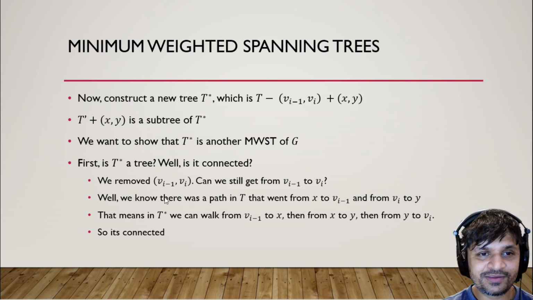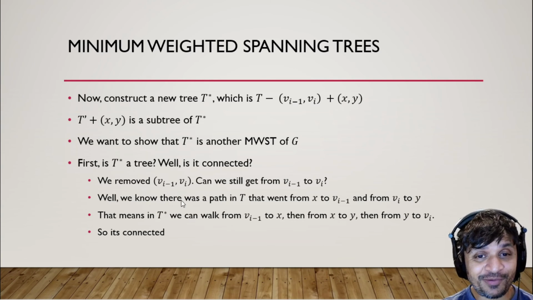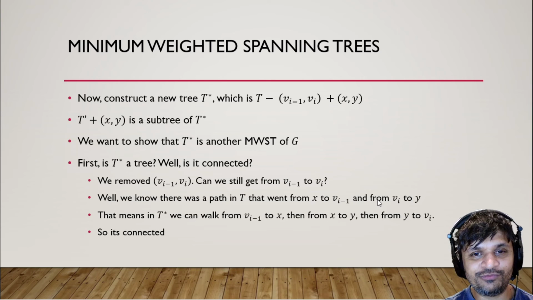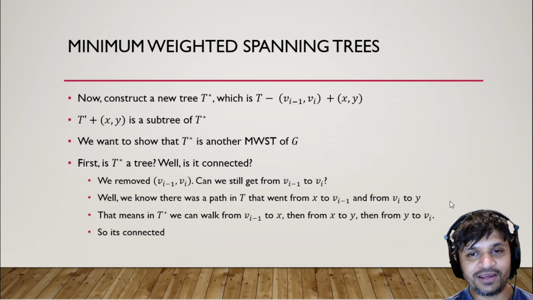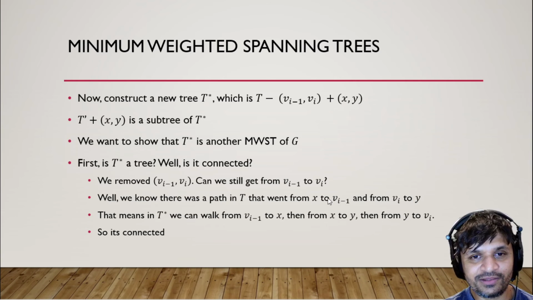Now, here's the clever thing. We know there was a path that went from x to v(i-1) and from vi to y. We know that because these vertices were all on the path between x and y, right? There was a path going x, v1, v2, v3, v(i-1), v(i+1), all the way up to y.